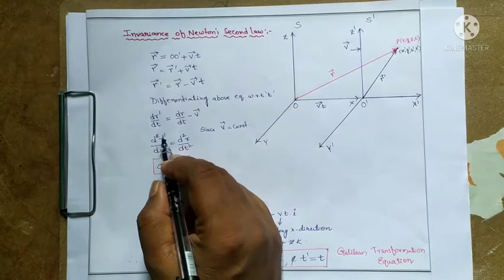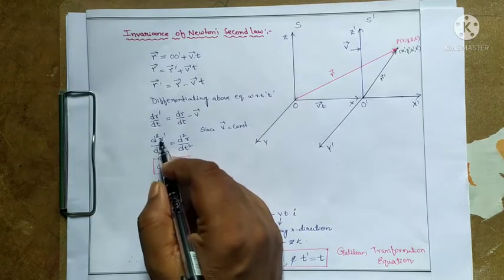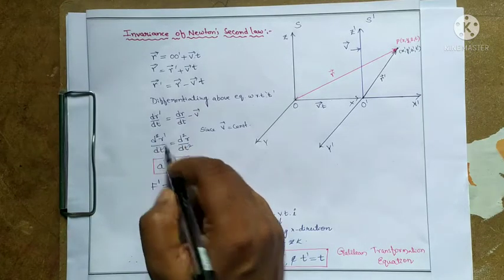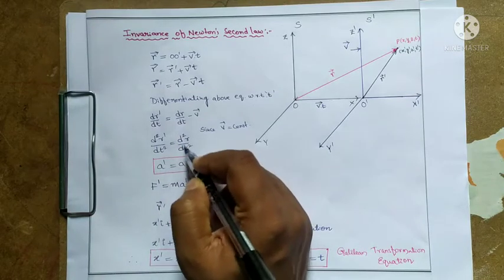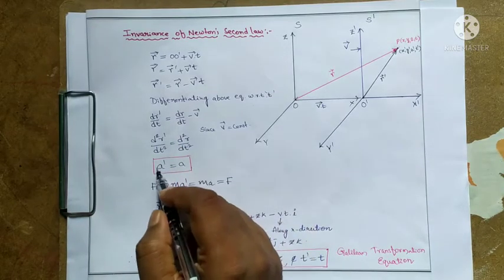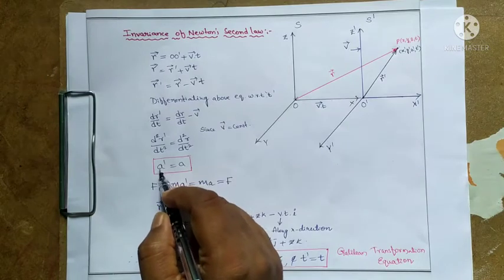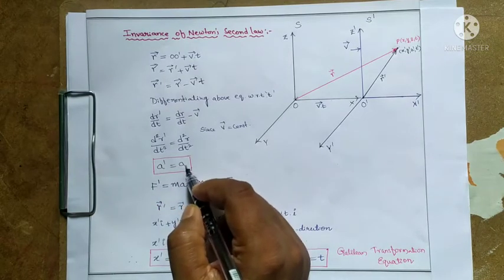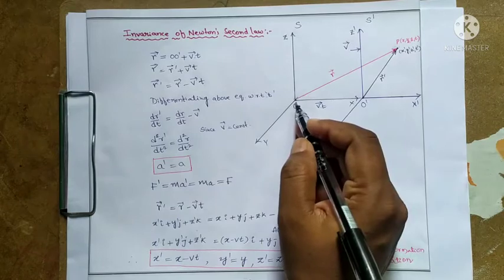Then d square r prime by dt square is the rate of change of velocity, which is called the acceleration, and this is also acceleration. So this is the acceleration with respect to the moving frame of reference, and this is the acceleration with respect to the fixed frame of reference.